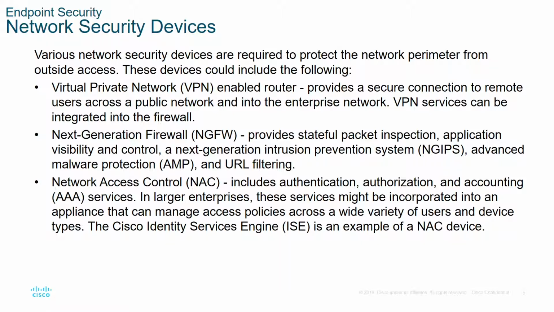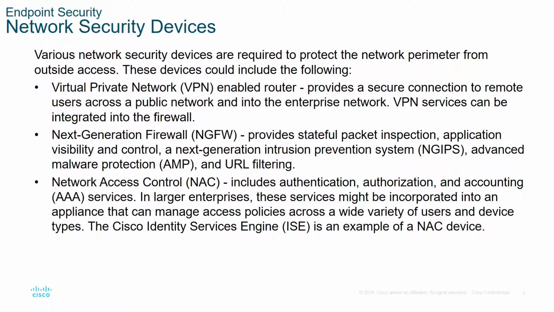VPN services can be integrated into the firewall. Next Generation Firewall, NGFW. Provides stateful packet inspection, application visibility and control, a Next Generation Intrusion Prevention System, NGIPS, advanced malware protection, AMP, and URL filtering.